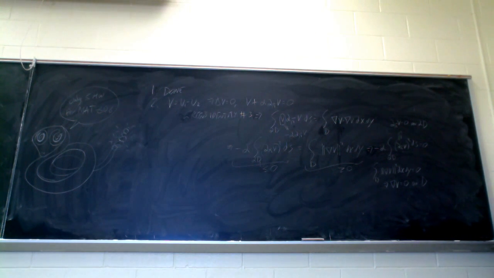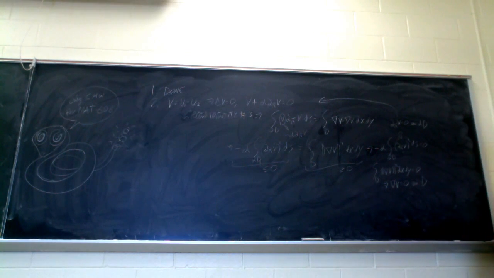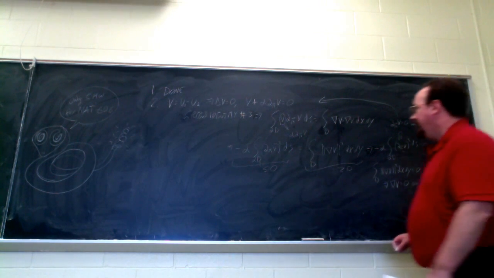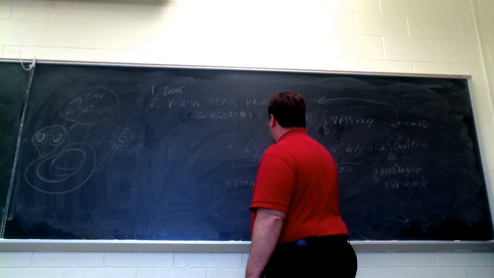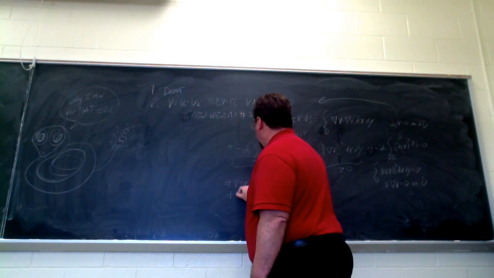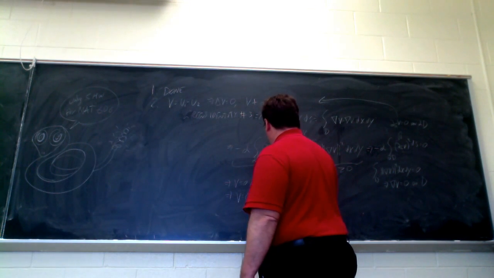So if we go back to the boundary condition, what else can we conclude? What else is equal to 0? V. Yeah, v is 0 on the boundary, therefore v must be 0 in the interior. Why?